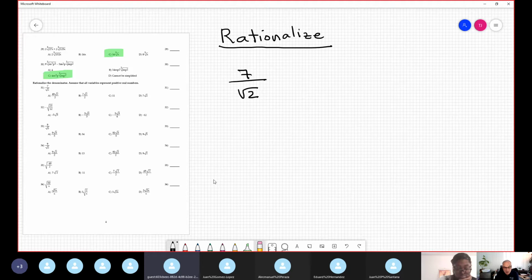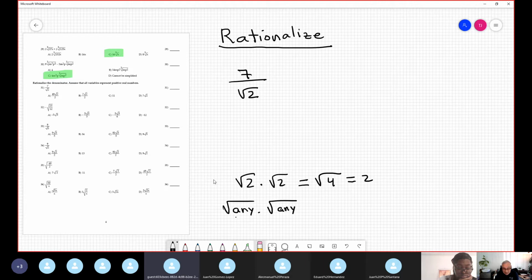I take advantage of this property: radical 2 times radical 2. When it's the same number, of course, it's different. No, it's 2. Why, professor? Let me prove it. Because it's radical 4, because you multiply 2 times 2 is 4, and radical 4 is 2. In general, radical of any number times radical of the same number is equal to that number without the radical.